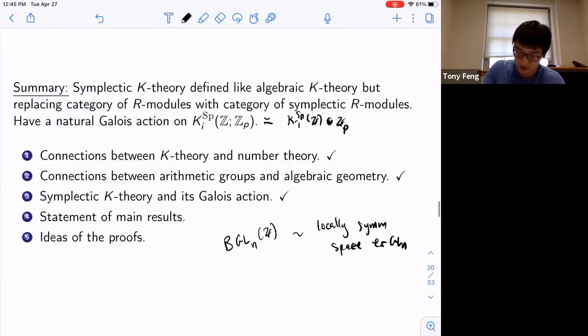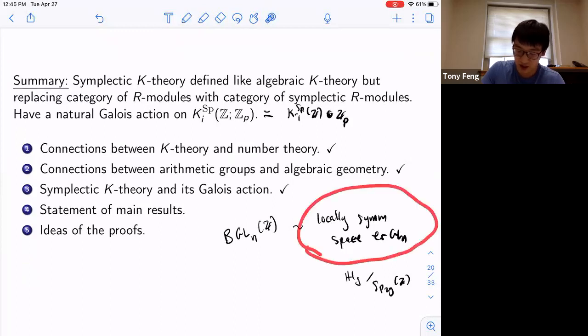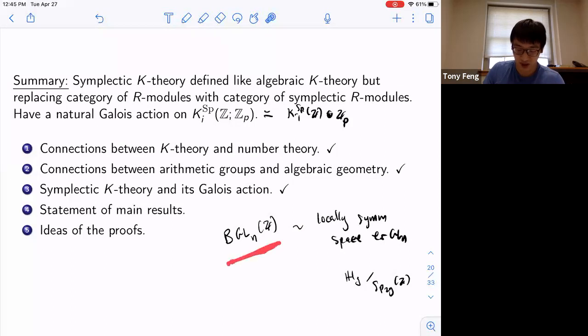This is the analog of this kind of H_g mod Sp_2g presentation. But this turns out not to have an algebraic avatar. In fact, sometimes it has odd real dimension, so it definitely can't come from an algebraic variety over the complex numbers. So for the usual algebraic K-theory, exactly because we don't have an algebraic interpretation of this space, we don't have a natural Galois action on it.